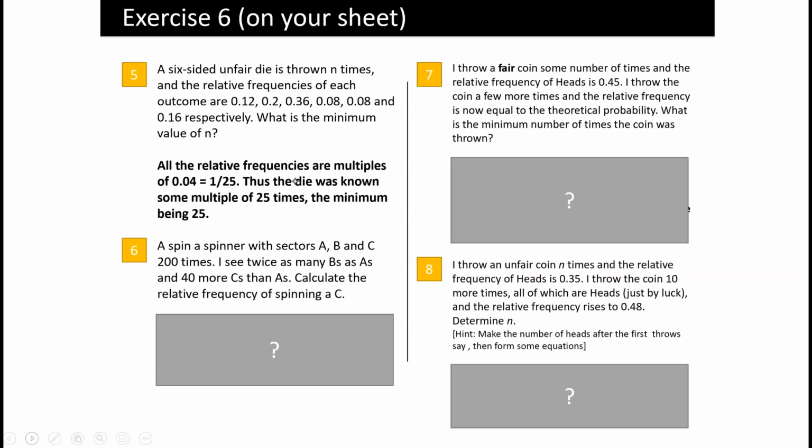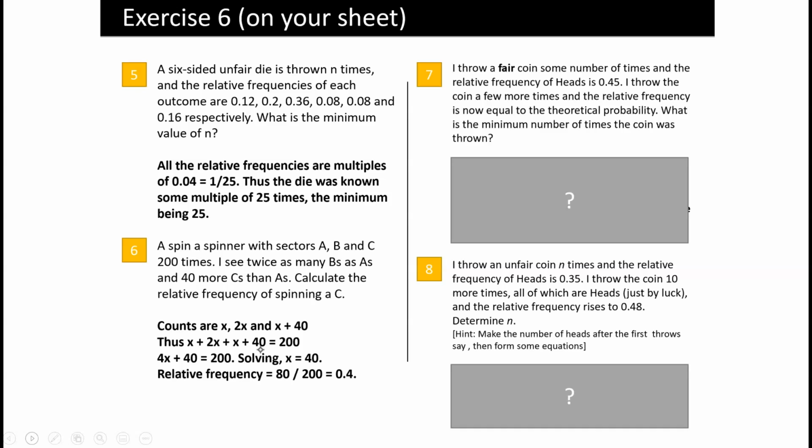Okay, a spinner with sectors A, B and C is spun 200 times, and that's quite good English. I see twice as many B's as A's and 40 more C's than A's. Calculate the relative frequency of spinning a C. So what you really need to do is form the equation. It's a very common question.